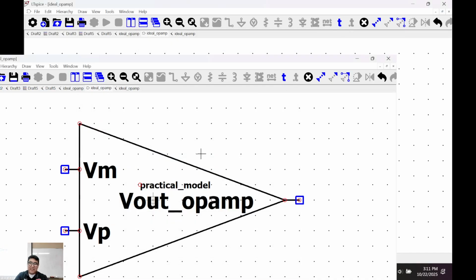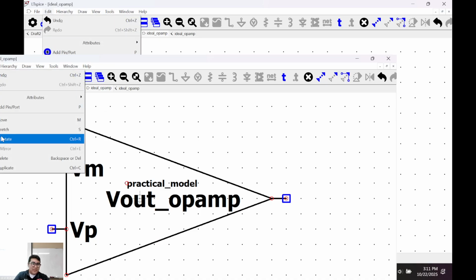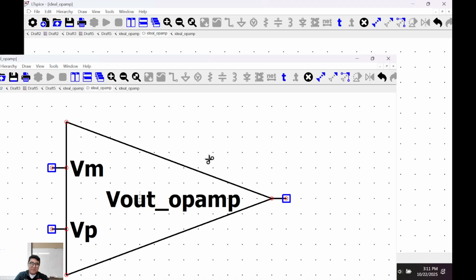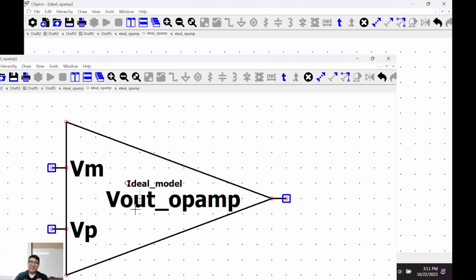Yeah, sure. And this is our ideal symbol. I'm just going to delete this. Delete is backspace. Boom. And then, actually, no, Control Z. Ideal model. Is that good?